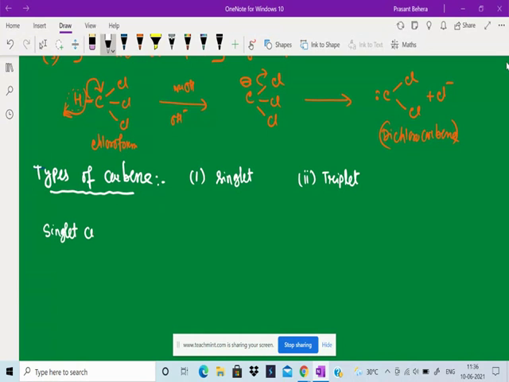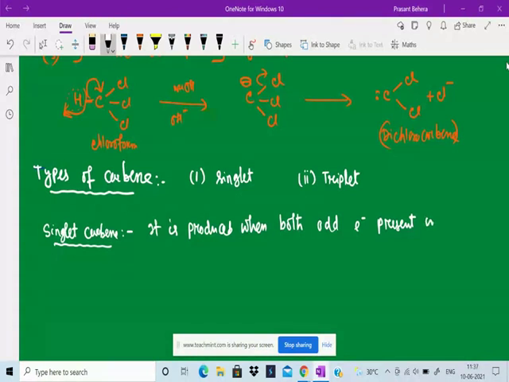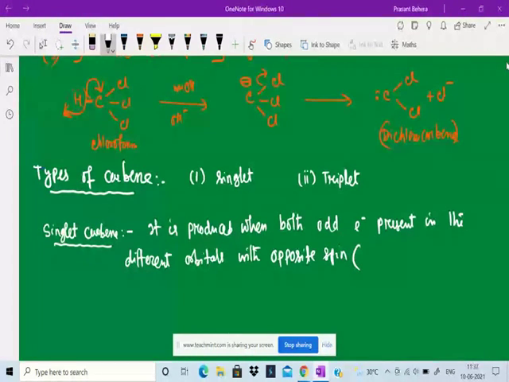What is a singlet carbene? It is produced when both odd electrons are present in different orbitals with opposite spin.